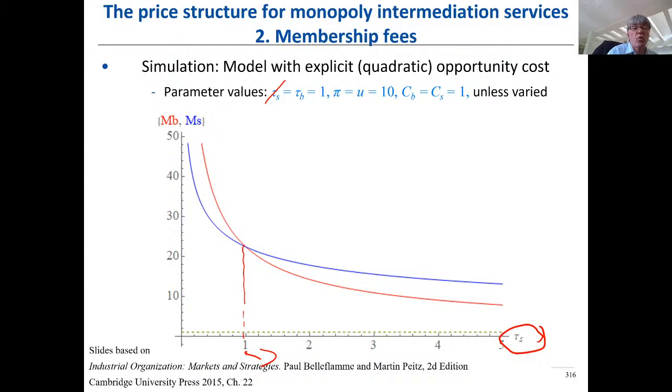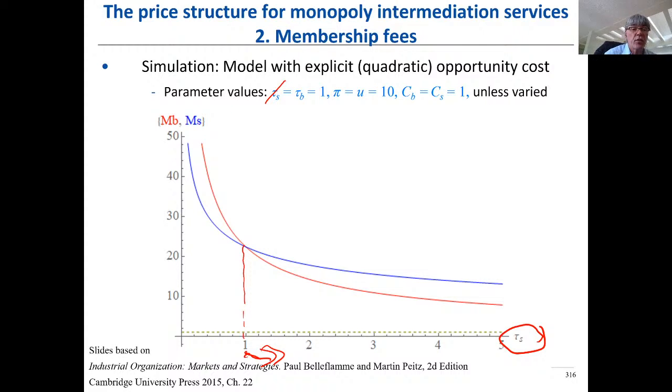But what is rather interesting here, you also decrease, and even more strongly, the membership fee for the buyer. Why are you doing that? If tau_S increases, you are losing sellers, and if you lose sellers on your platform, the platform will be less attractive to buyers. If you lose women in your nightclub, the nightclub will be less attractive to men.